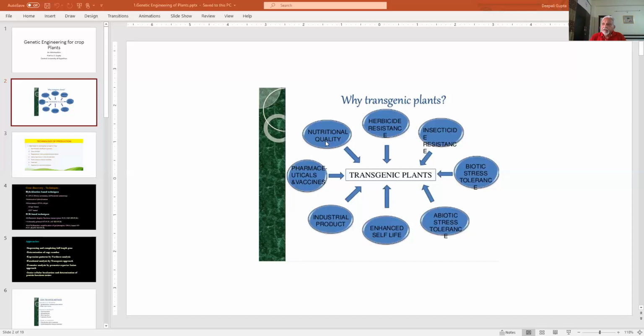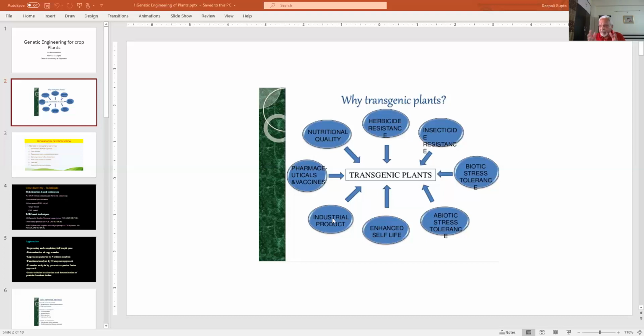Similarly, a plant can be made to produce pharmaceuticals like vaccines and industrial products like polymers. Normally, these chemicals are produced in the factories, but now it is possible to make polymers in plants, and then they can be extracted out from plants.